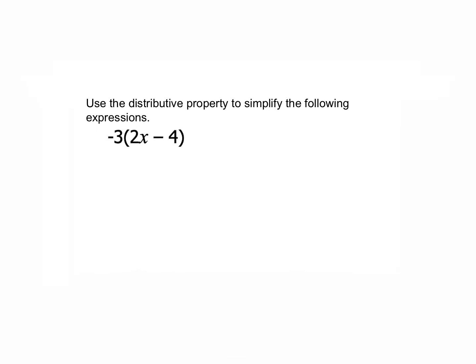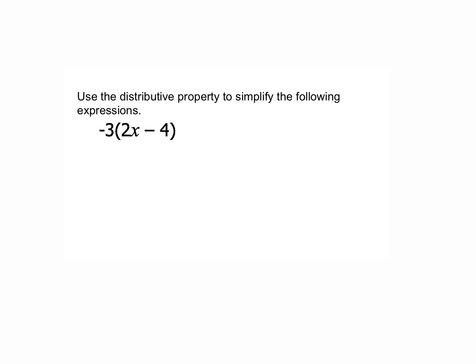Here we have negative 3 times 2x minus 6. So we have negative 3, and we're going to multiply it by 2x. So negative 3 times 2x is negative 6x. I'm going to write that off on the side. So we have negative 6x.